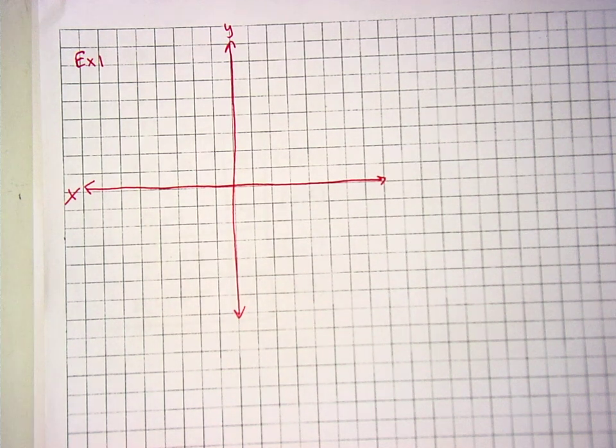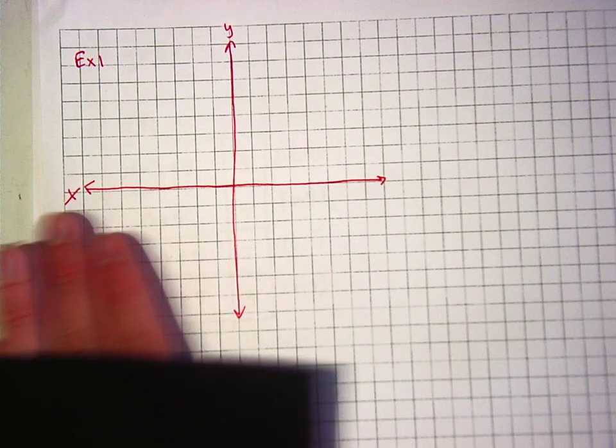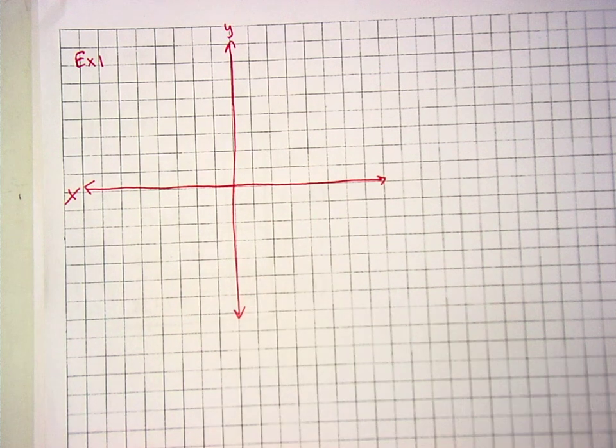Did they make you label on your axes, like 1, 2, 3, -1, -2, -3? I'm not going to make you unless you change your scale. So if you have no numbers written in, I'm gonna assume that it goes by ones. Does that make sense to you? But if you needed to skip by 2s or by 5s to make it fit, then you're gonna have to write it down. Is everybody okay with that?